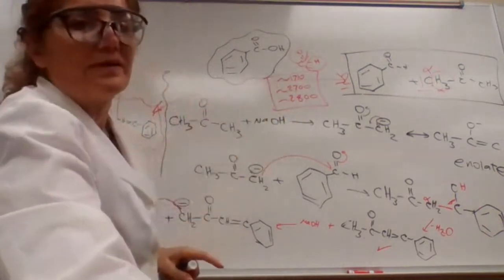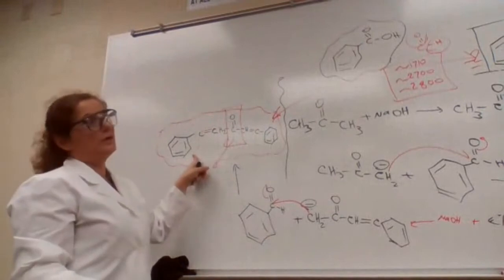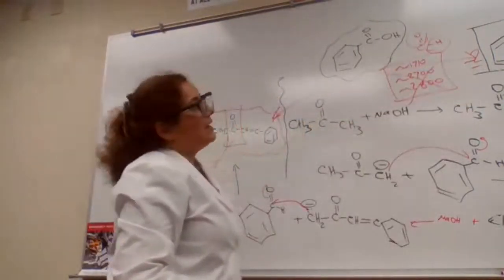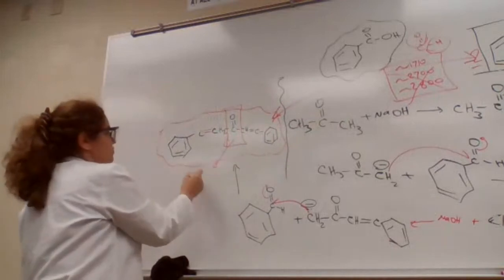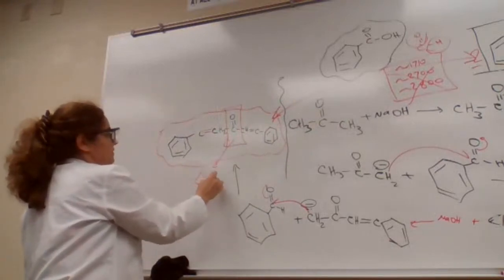When you come to the product, you don't have an aldehyde anymore, so these peaks should disappear, and the 1700 should shift to less than 1700.